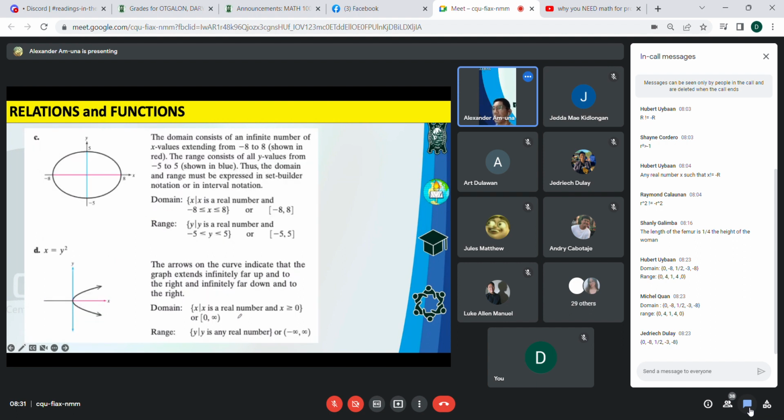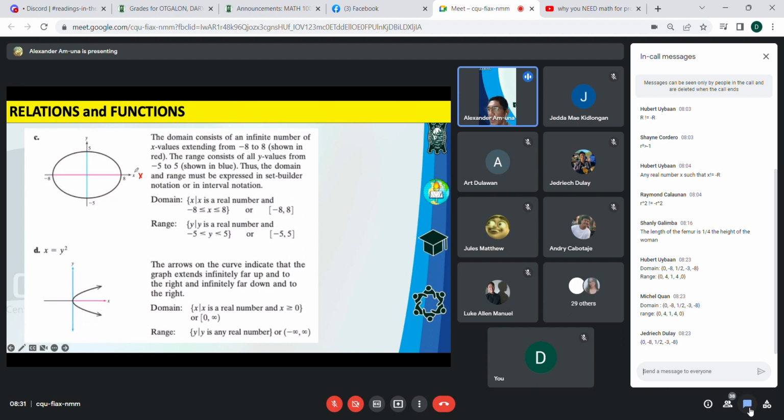Okay. So, paano naman pag ganito? Okay, it's not just simply the points, but it's actually a graph provided. Okay, so again, we will use the concept of variable here. We cannot possibly list all the values there because, remember, your domain is the values of x here.